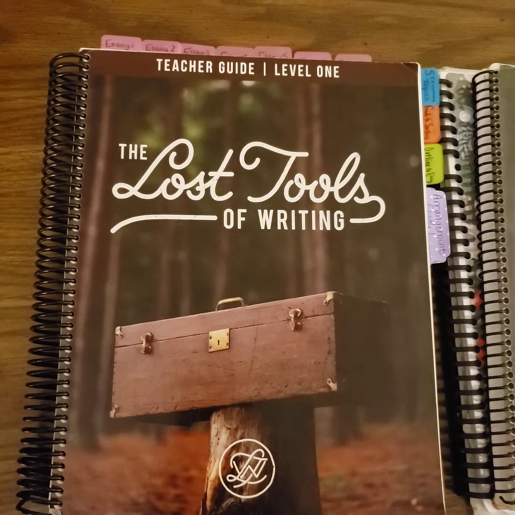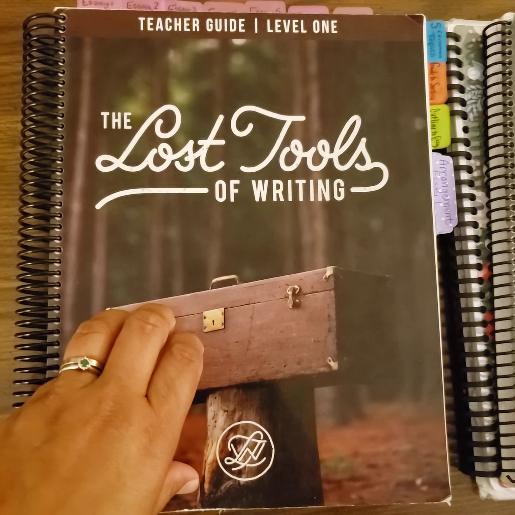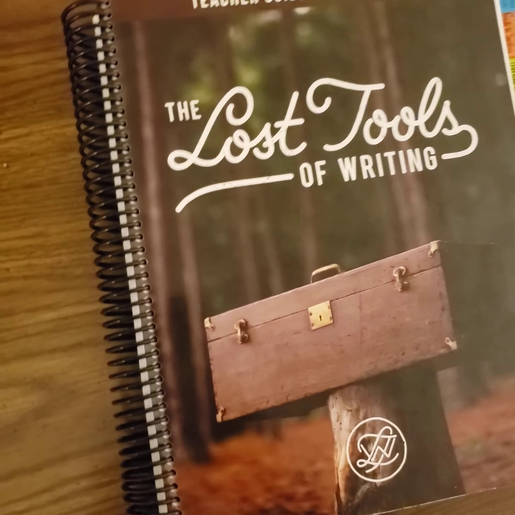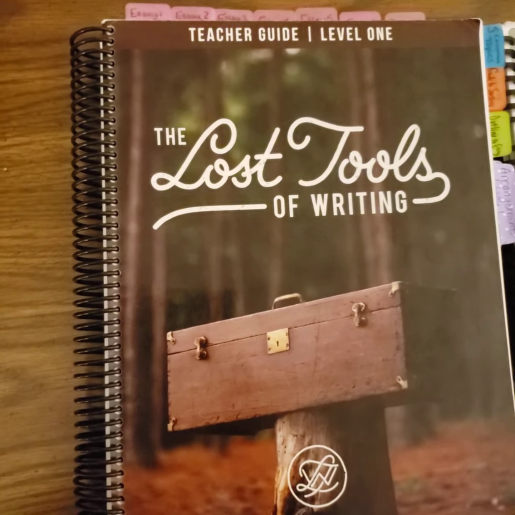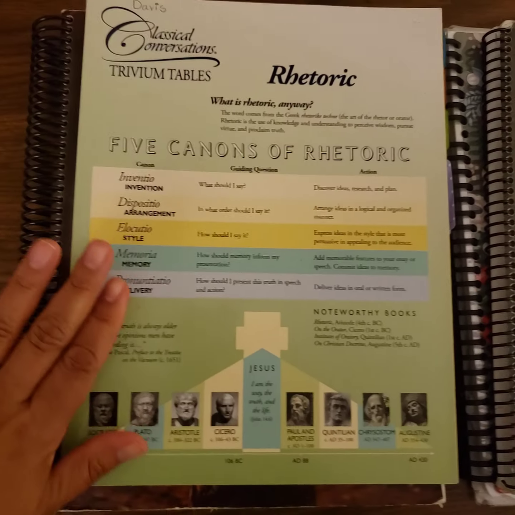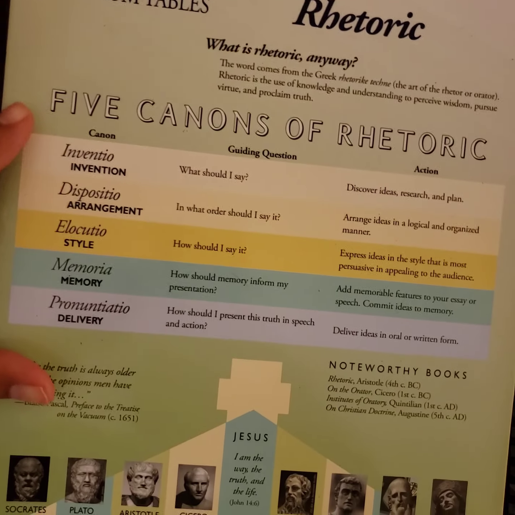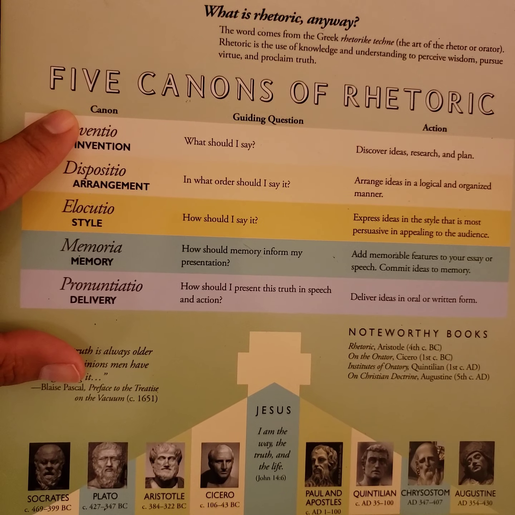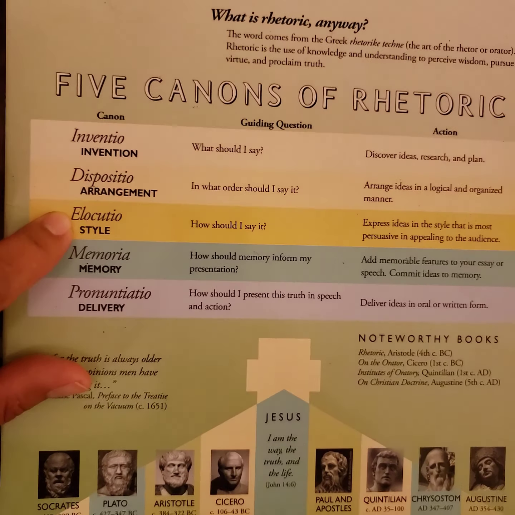I'm not going to go into detail about it. I just want to explain how it works and what they're learning, really fast. So students are going to be learning, and I'm going to show you the rhetoric trivium table. The Lost Tools of Writing teaches your students how to do the first 3 canons of rhetoric.